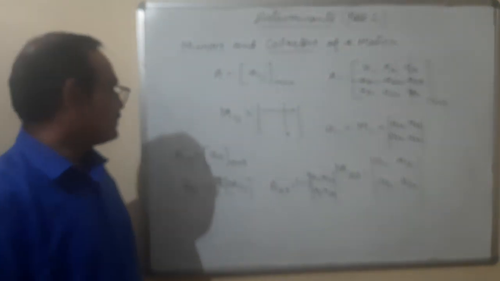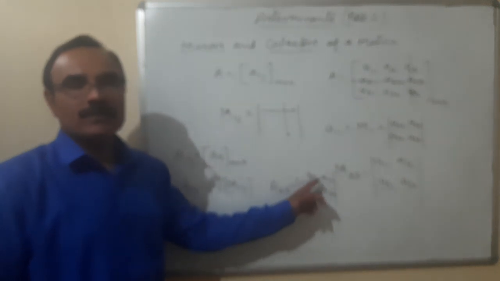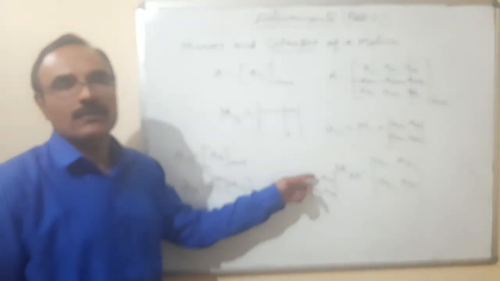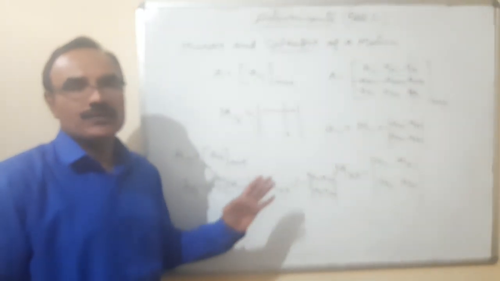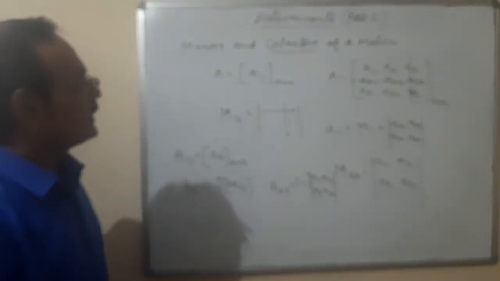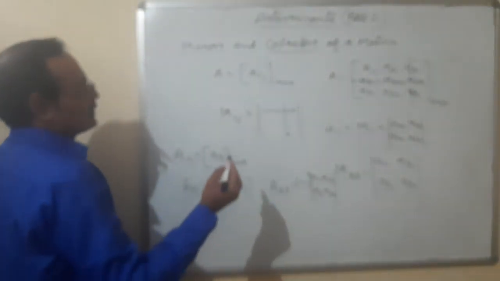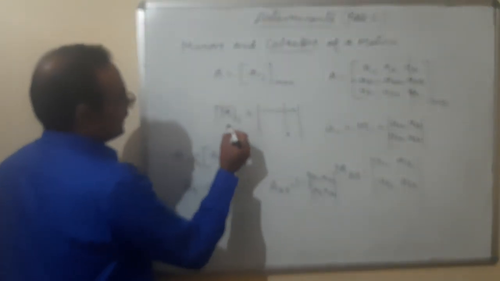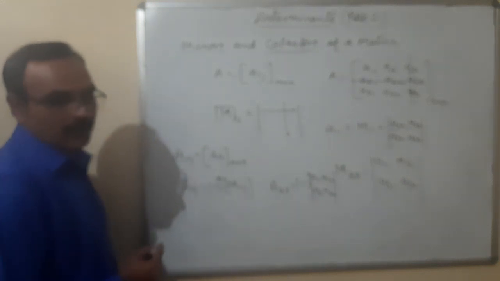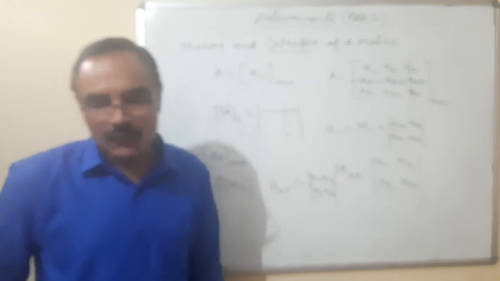So the difference between minors and cofactors is, in cofactors we have to multiply the determinant by minus 1 to the power of the sum of the row and column which we are deleting. Okay. Minors are denoted by capital M and cofactors by capital A. So these are the minors and cofactors.